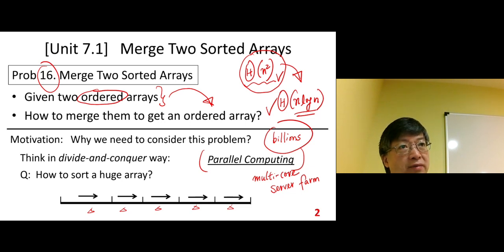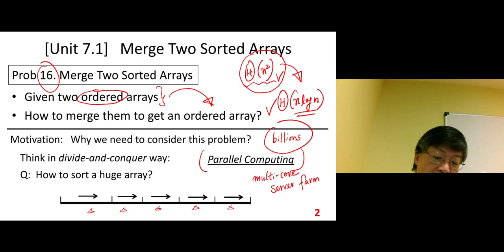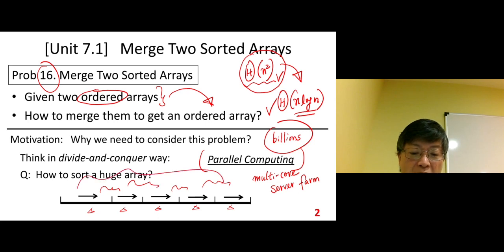This time it is reasonable, because if we can solve problem number 16, we can merge these two arrays, then merge again, and finally we get one big overall ordered array. That's our plan. Looks reasonable, right? So that's why we go in this direction.